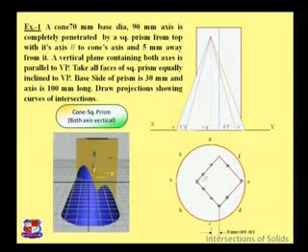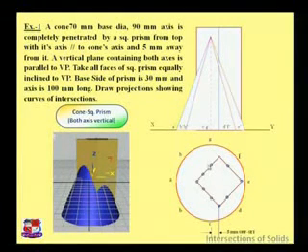Here, how to locate these points? As we have drawn here imaginary generators OA, OB, OC, OD, OE, OF, OG and OH, the intersection of OA is one point, the intersection of OB with this line is another point, the intersection of OC and so on. So mark all these points over here.